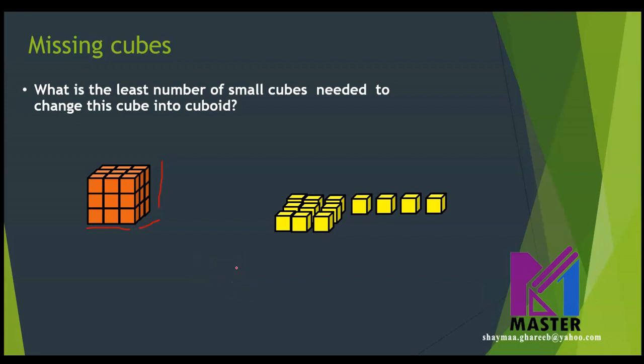So we can add more cubes on top, one more layer, as you can see. So now I have a cuboid with length 3, width 3, and height 4. So all the small cubes I used here are 9 small cubes.